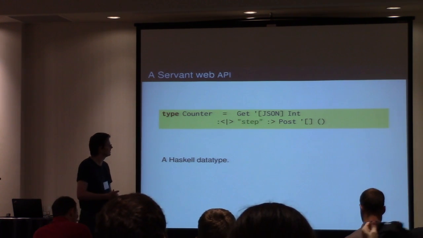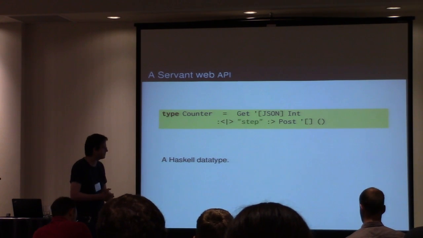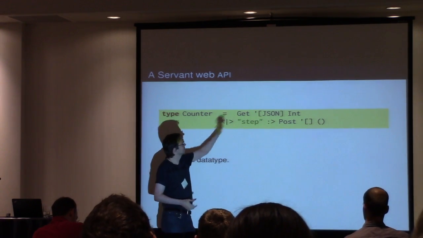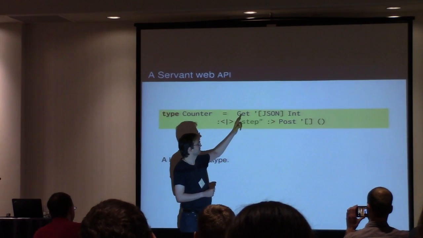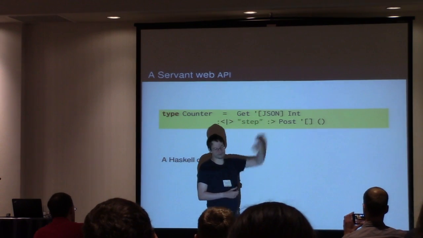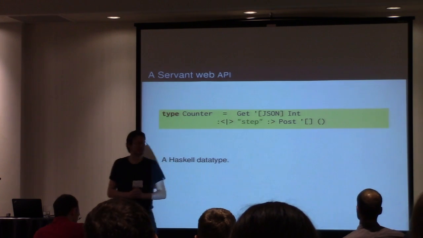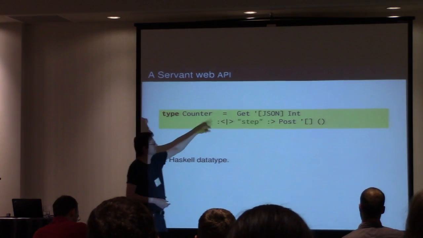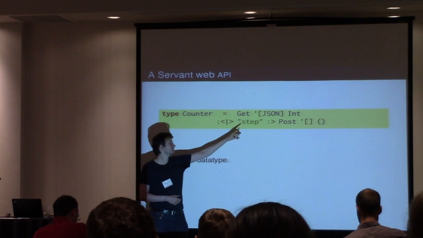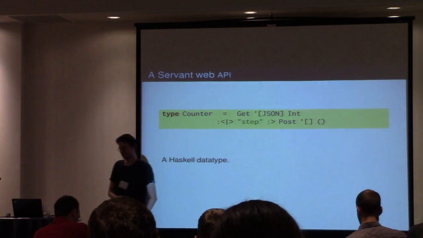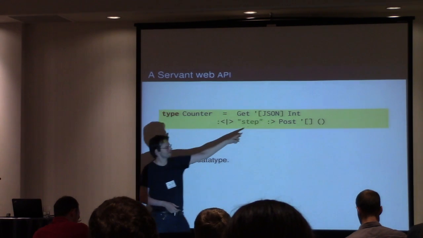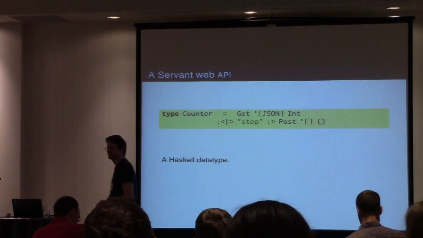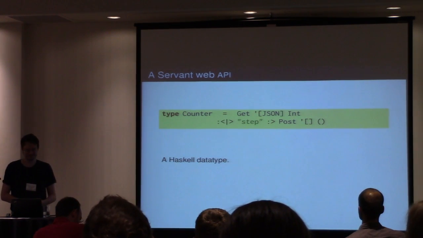It describes an API that can respond to GET requests at the root path and is supposedly answering with some JSON encoded int to such requests. And it can also reply to requests under the step path if they have the post method, and then it doesn't give any particular response.